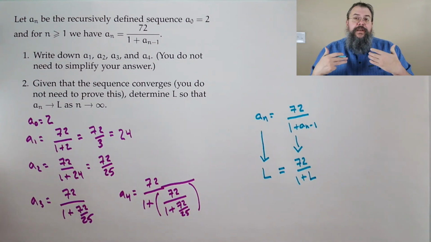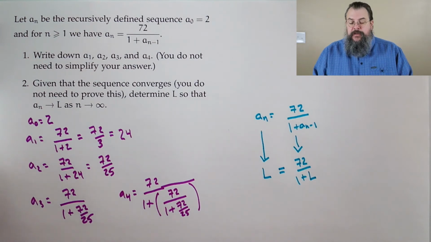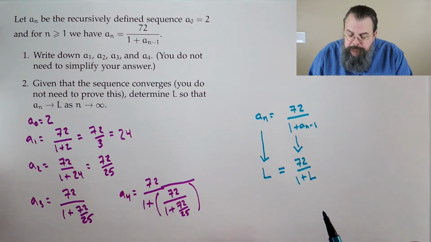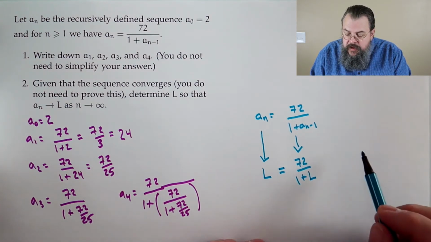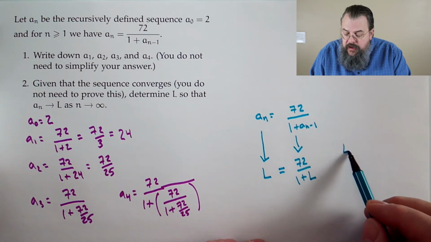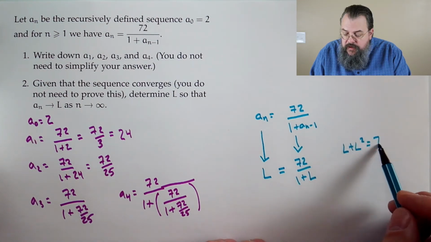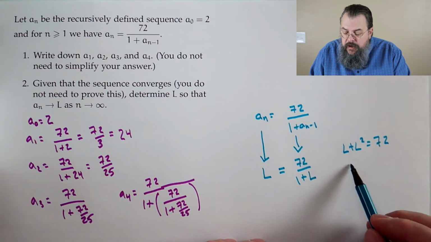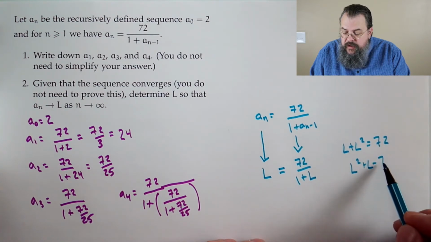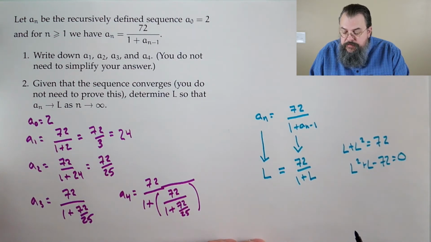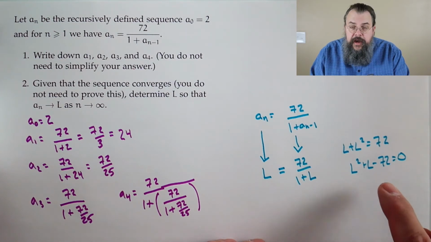So what we're getting is the relationship that our limit has to satisfy. Multiplying across, that says L plus L squared equals 72, or L squared plus L minus 72 equals 0. Can we factor?